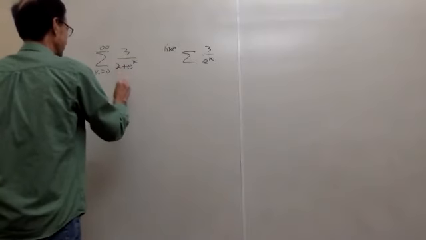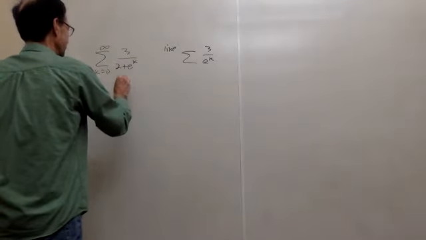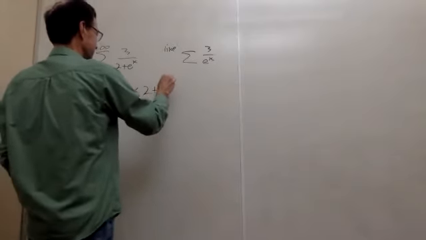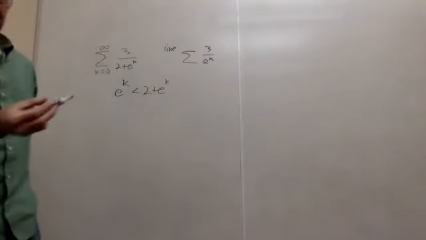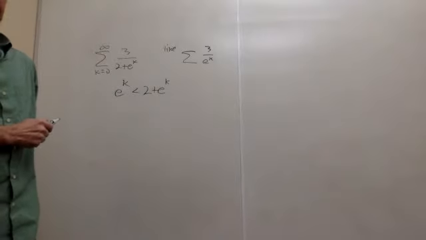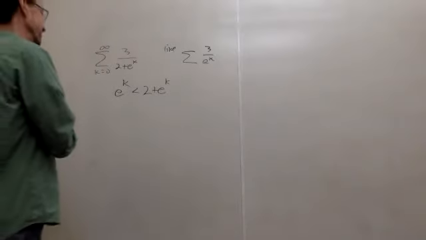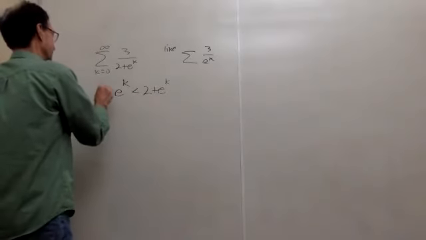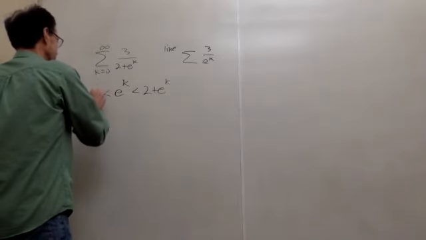Maybe I do know where the 0 came from. Let's figure it out. All right, so e to the k is obviously less than 2 plus e to the k. I said obviously, do you agree with me? Yep. Can you see the board okay? Yeah, I can see it fine. Okay, good. And now if I reciprocate, maybe here's where the 0 came in.